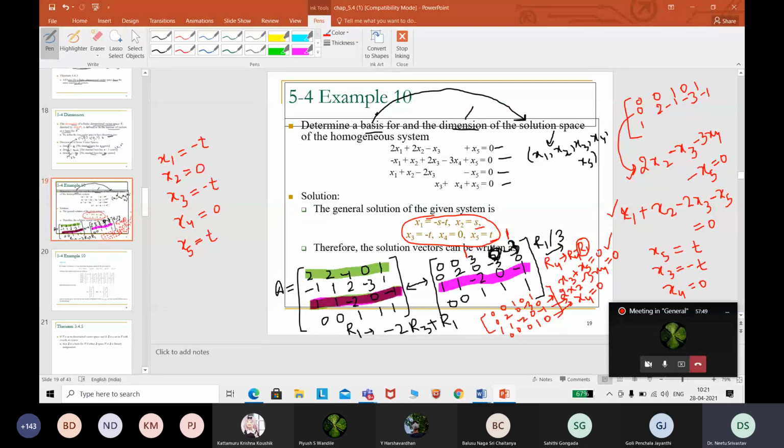Okay, now for this capital X, I can write the solution space, which represents the set of all possibilities: minus t, 0, minus t, 0, and t.